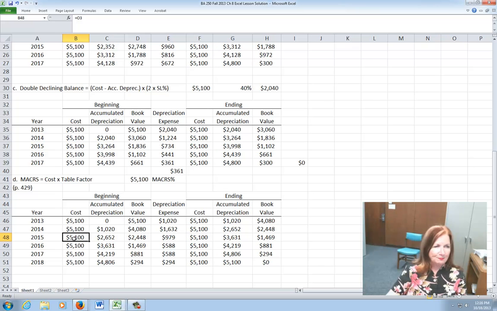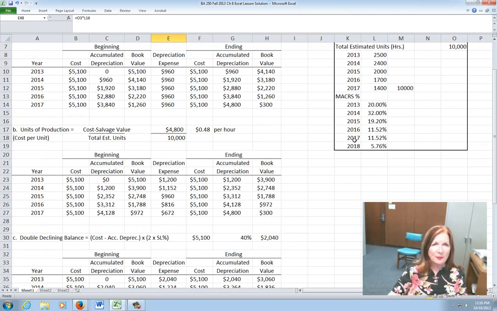Now we get the book value by subtracting the accumulated depreciation from cost, and now it's the third year in MACRS.